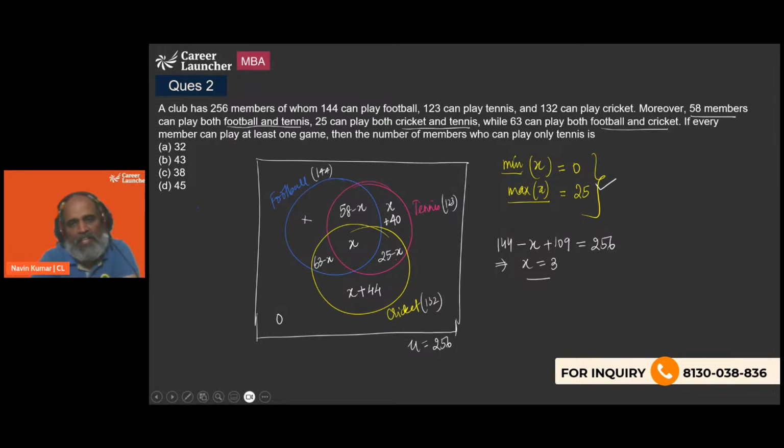So why is it that we are getting x as negative 3? With 144, 123, 132, 58, 25, 63, x is supposed to be minus 3, right? If anybody can tell me where I'm making a mistake, because it looks like the numbers should be a little different.